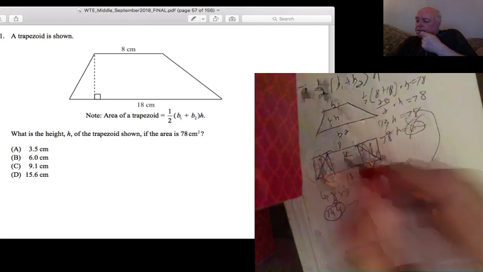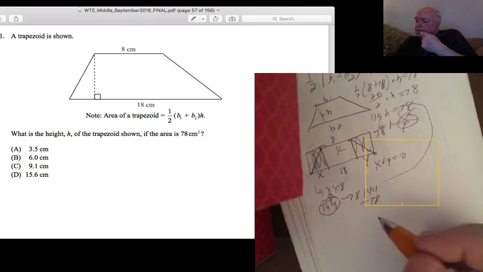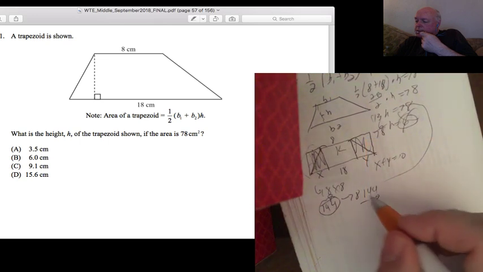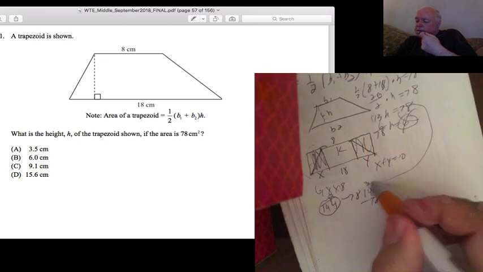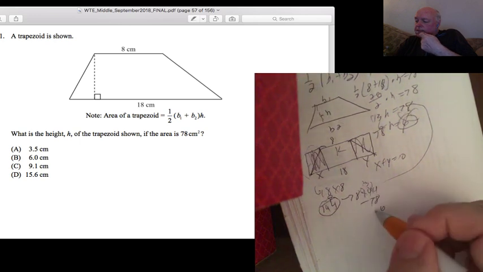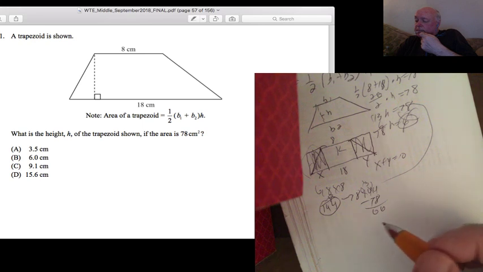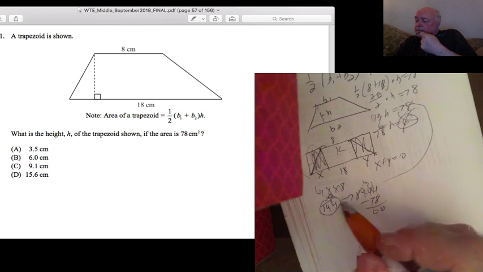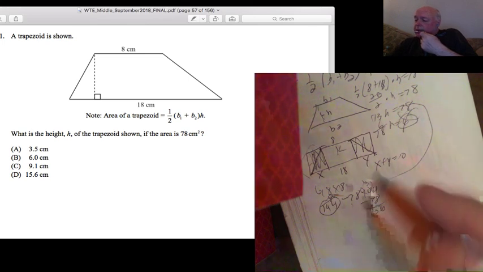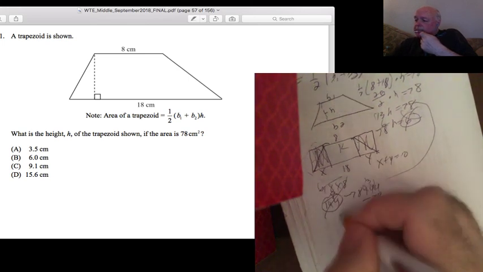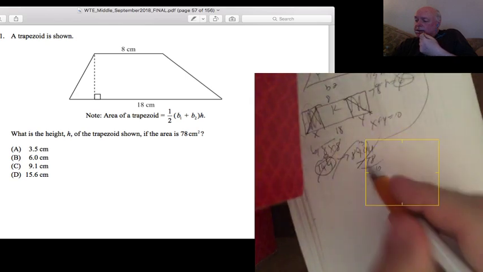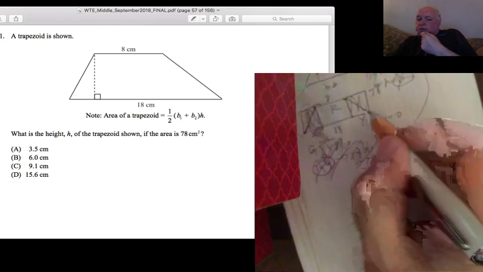We're going to get 66, I believe. Did I do that right? No, I did that wrong. We're using wrong numbers. What we have is, we know 18 here, and we're trying to get this number here to get the full square footage.